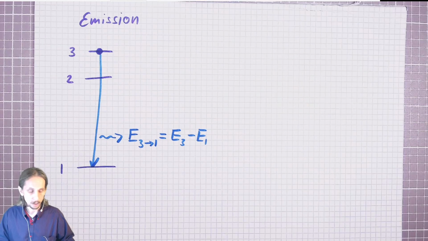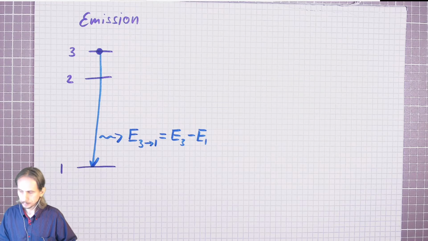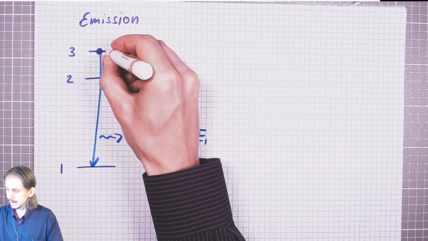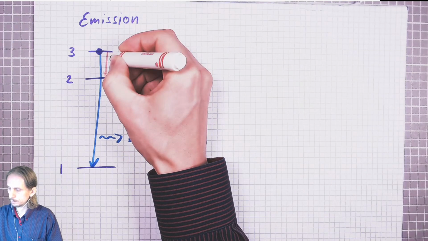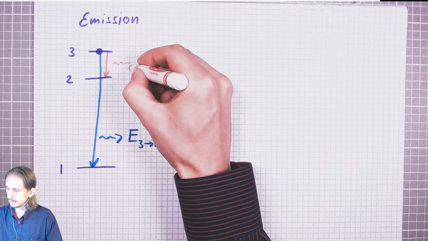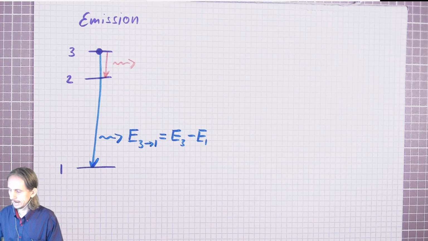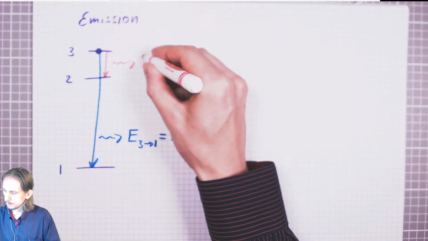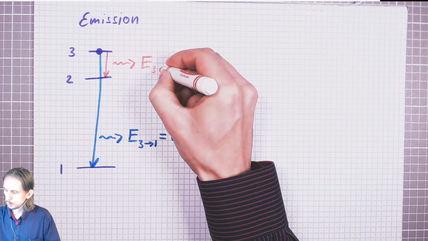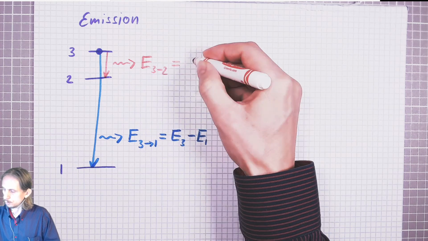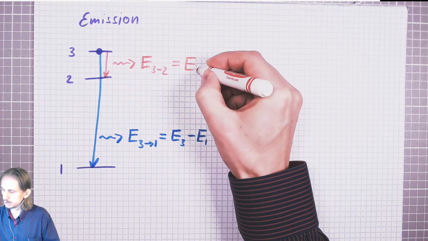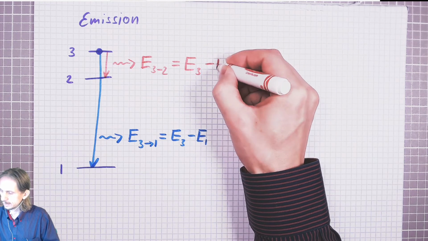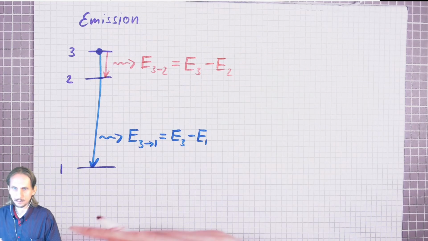However, that is not the only transition that is possible. For instance, one could go from level 3 to level 2. There we would also get emission of light, and the energy of this light would be the difference between the energy levels of the third level and the second level here in our diagram.